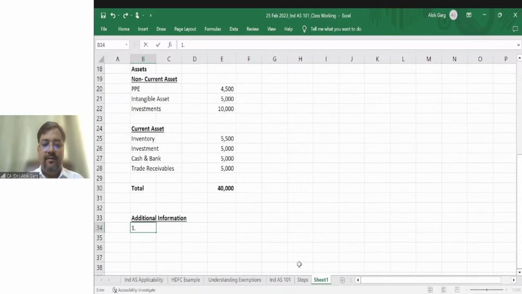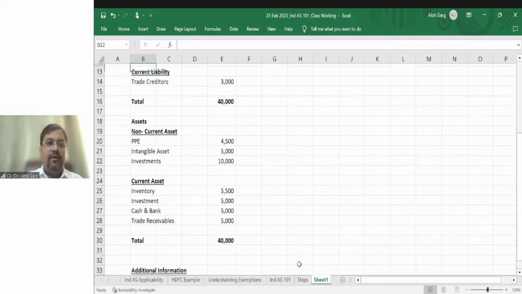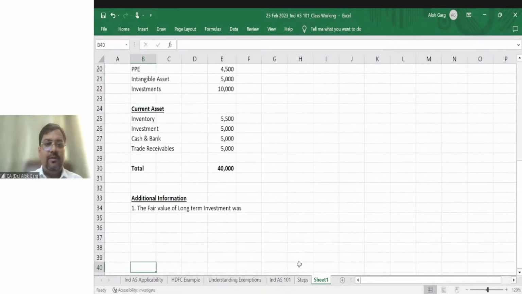Information number 1: the fair value of long-term investment. The long-term investment value is 10,000. So the fair value of the long-term investment was 14,200 on the transition date.